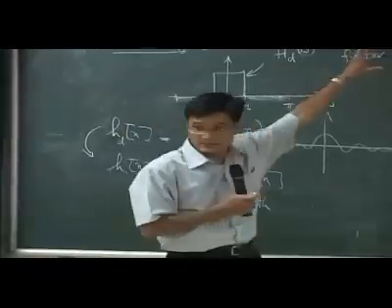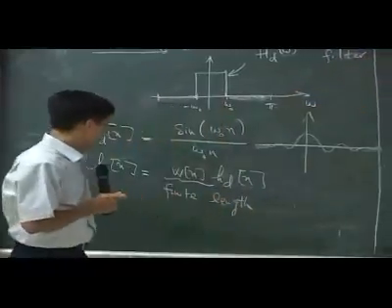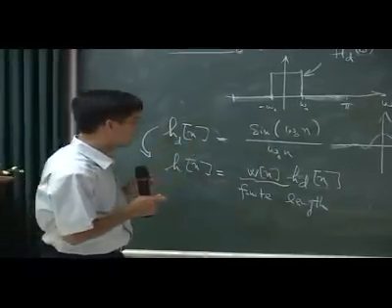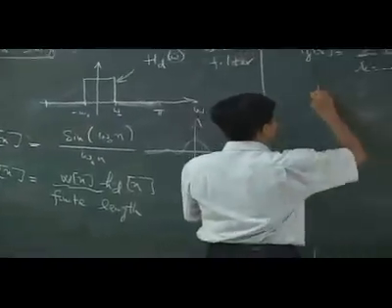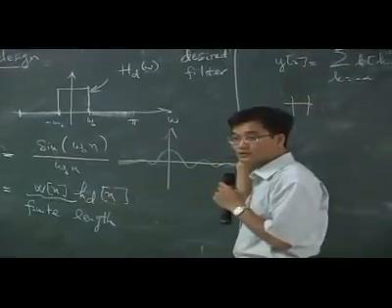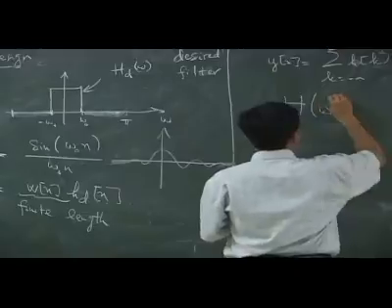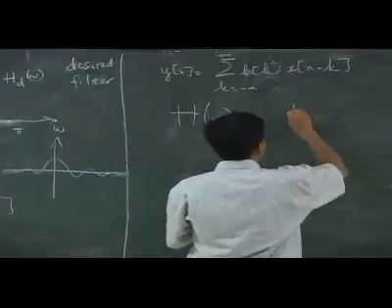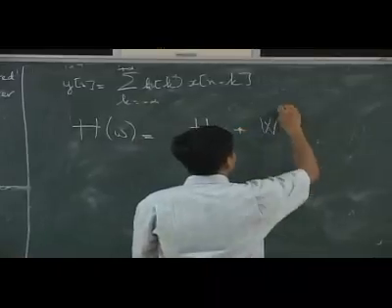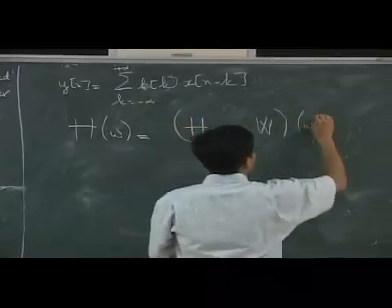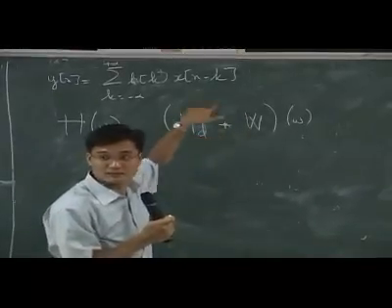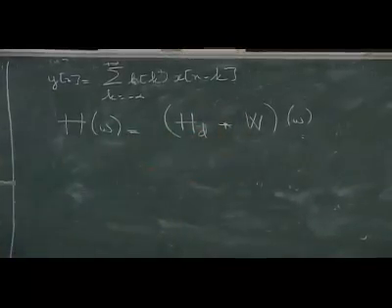Then I can work with that one. So here's where the thing that we saw yesterday comes into place, because multiplication in time is convolution in frequency. So H of omega is now equal to the design one convolved with W of omega. This convolution is over the range from minus pi to pi, the formula I have.